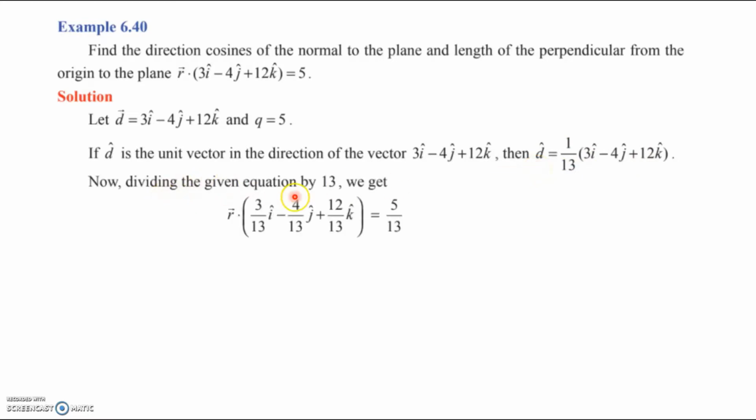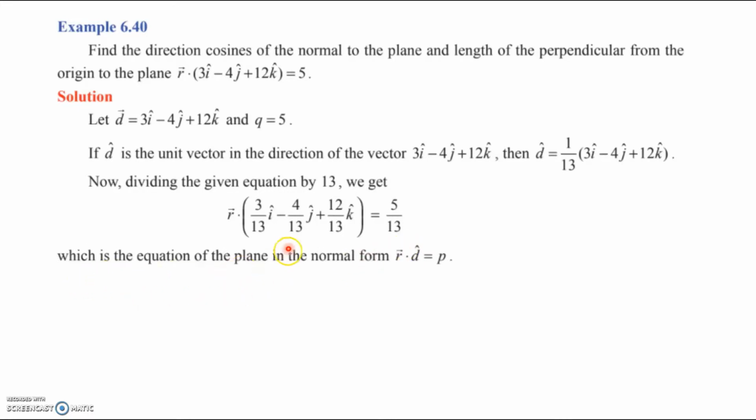So if we divide this entire equation here by 13 and rearrange it, then this is nothing but our unit vector, which is the normal to the plane. So this 5 by 13 is the distance of the plane from the origin.